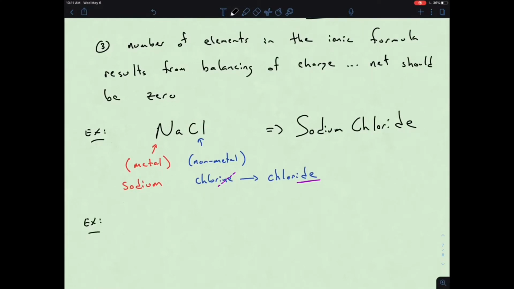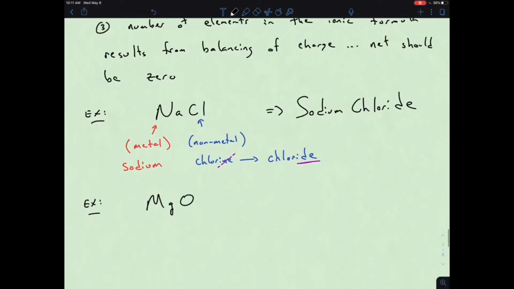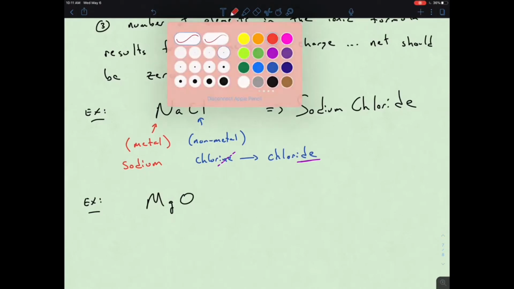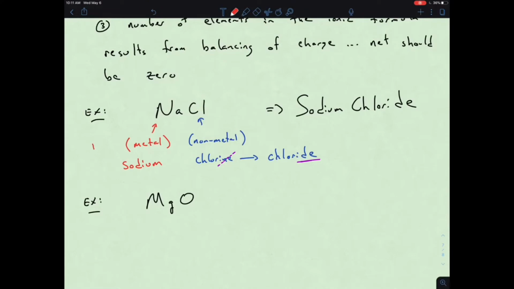Let's do another example. Here we have MgO. And to be honest, I should maybe go back to that earlier example just really quickly. Remember this idea of we have 1A and that +1 charge.